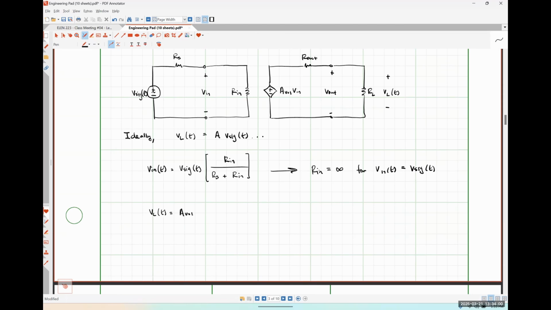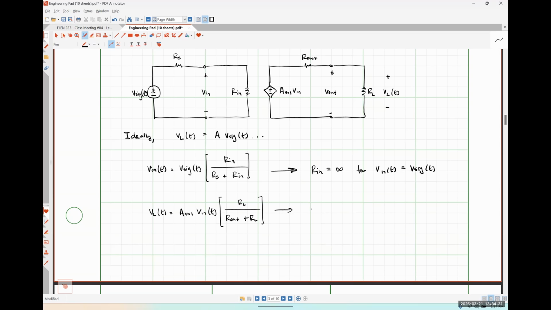But I've got this pesky voltage divider where I'm going to have AVOL times Vn multiplied by RL over R out plus RL. So what value does R out have to make that ratio of resistances 1? Basically zero. Zero, exactly right.